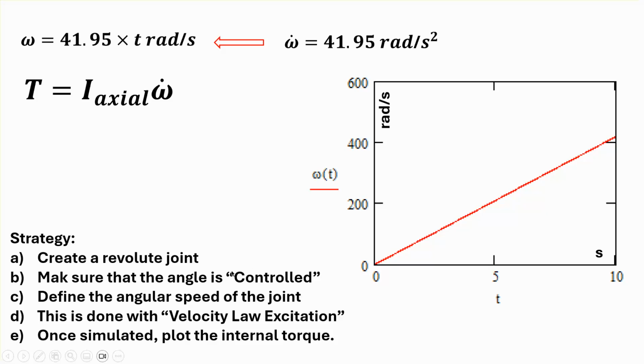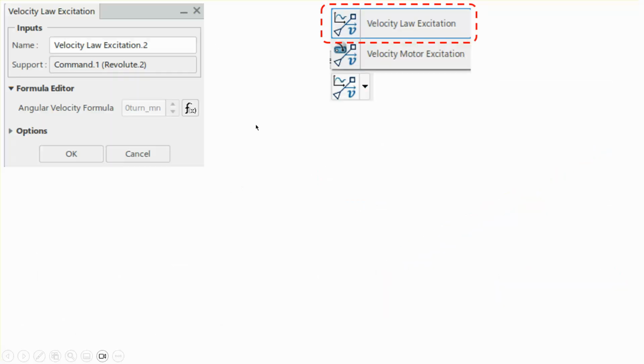Once you do that, you can apply that angular speed on this revolute joint, simulate it, and extract the torque by plotting at the end the internal torque about the axis that we want. That's pretty much different. We did not have to create any joints in tutorial 8. Now, here's what I mean.